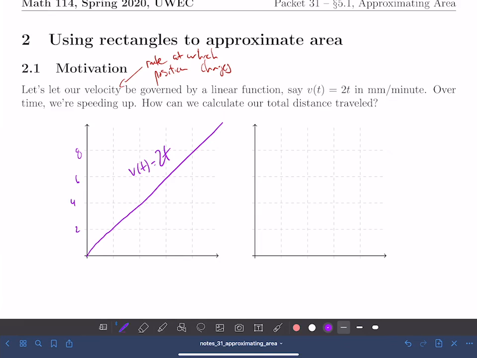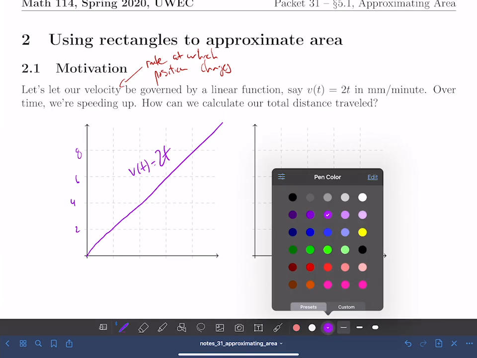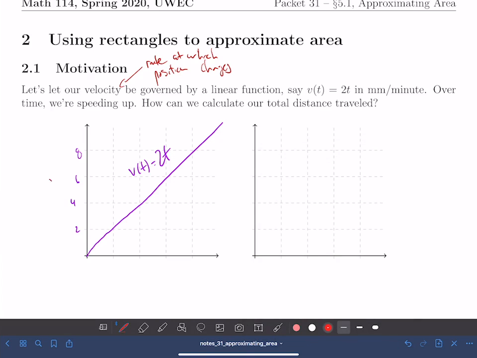This axis is labeled with millimeters per minute. And on the other axis, we are going to label it with 1 minute, 2, 3, 4. This is minutes. So it's not the same scale, but that's because I have the axes I have.